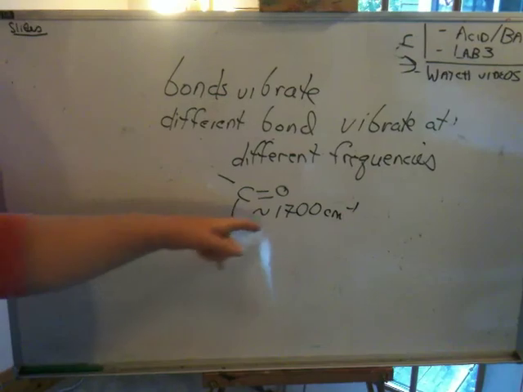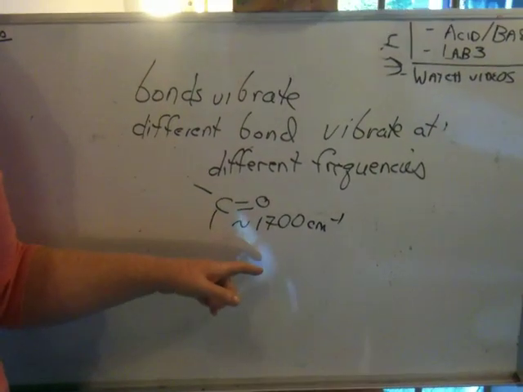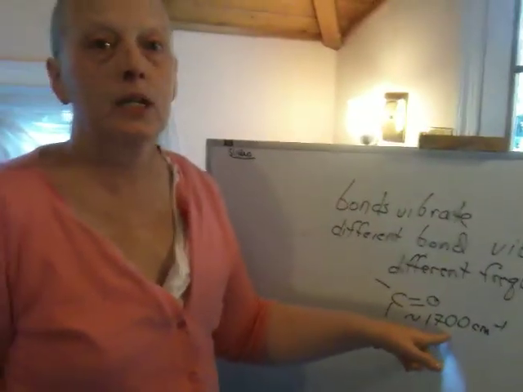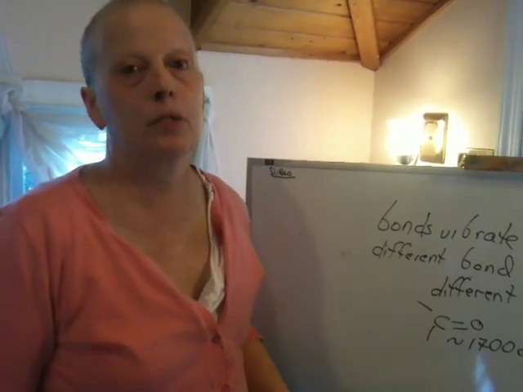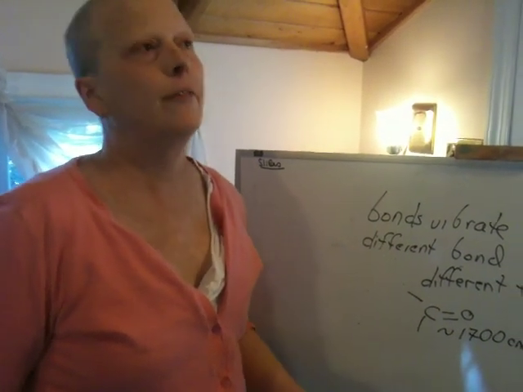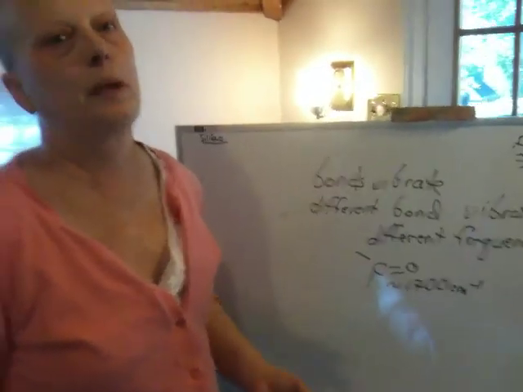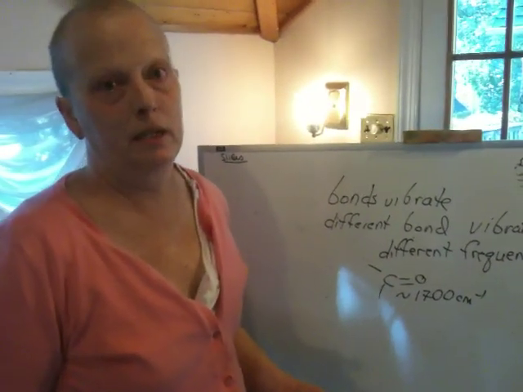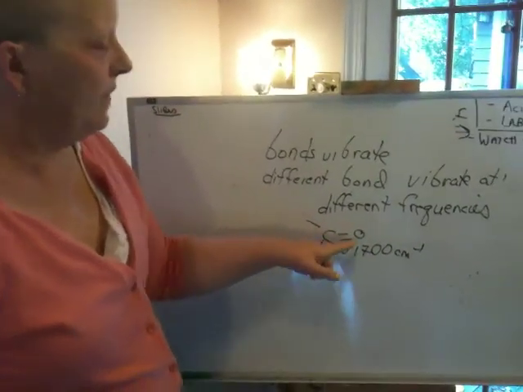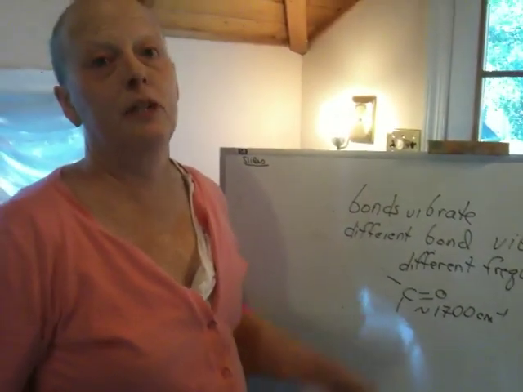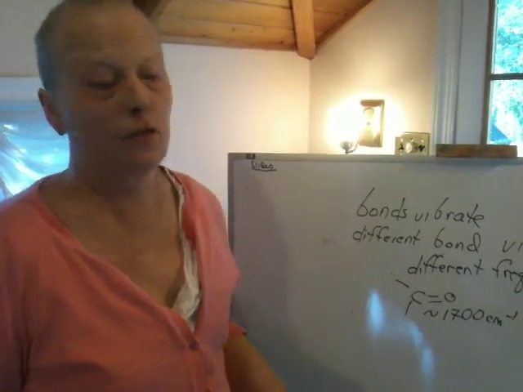Now, I'm using IR units there for a reason. Remember, that number is proportional to frequency, and all I'd have to do to convert it into frequency is multiply it by the speed of light. All I'd have to do to convert it into energy units is multiply it by the speed of light and Planck's constant. So that is really a frequency unit. So that bond vibrates at 1,700 reciprocal centimeters times the speed of light. That's its frequency.